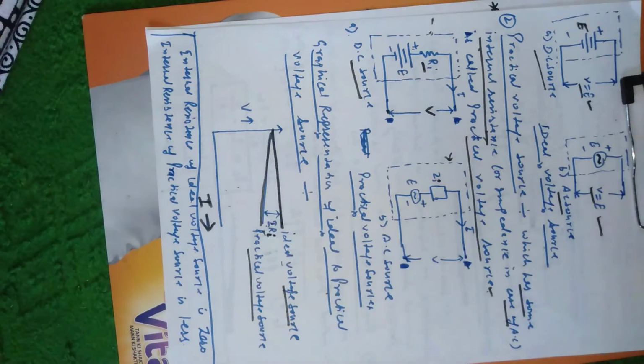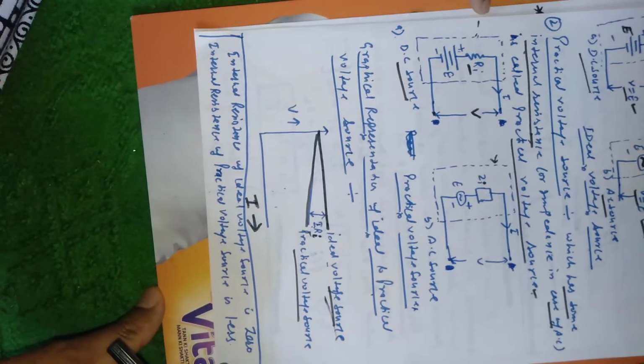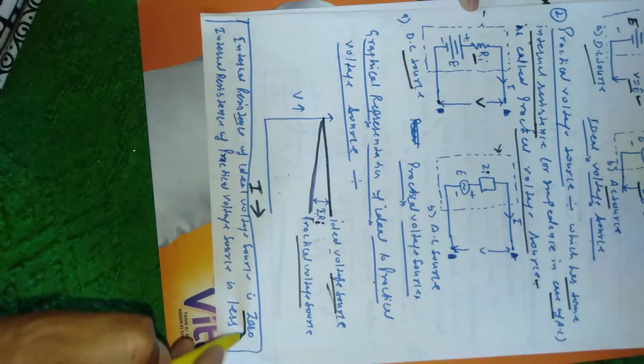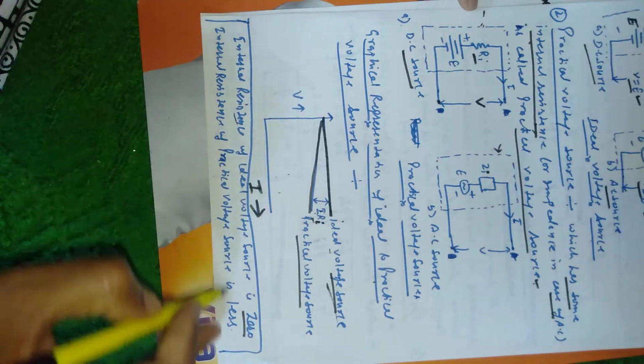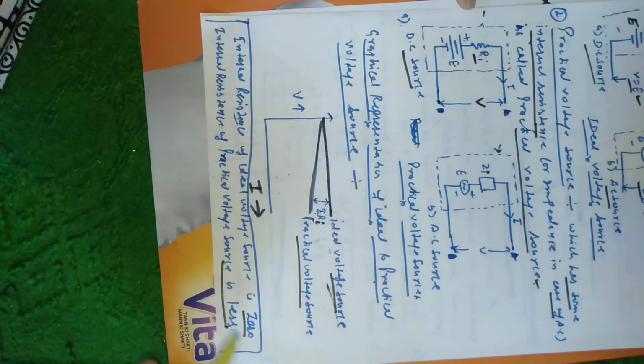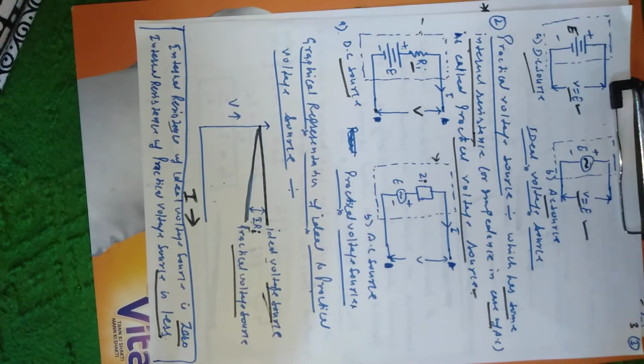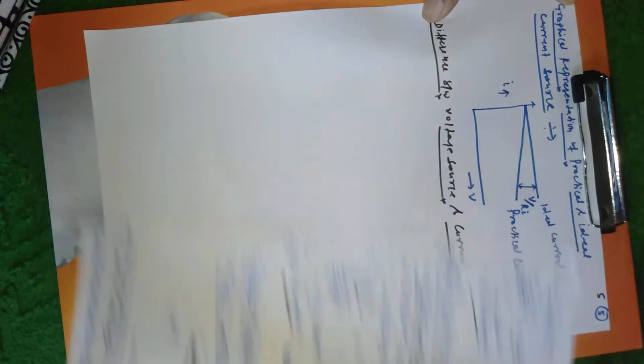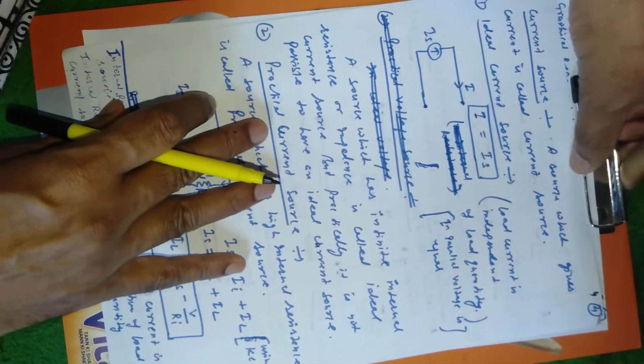The internal resistance of an ideal voltage source is 0, and the internal resistance of a practical voltage source is small but not 0. Some amount of resistance will be present in practical voltage sources.